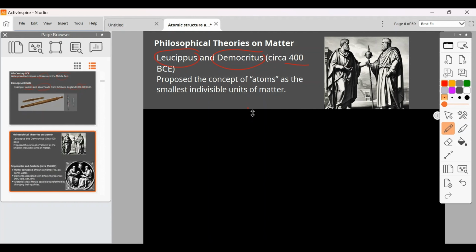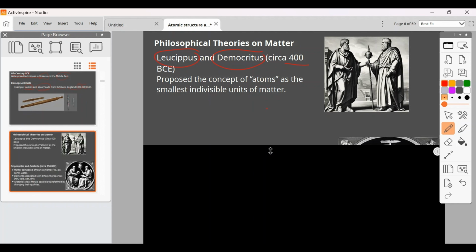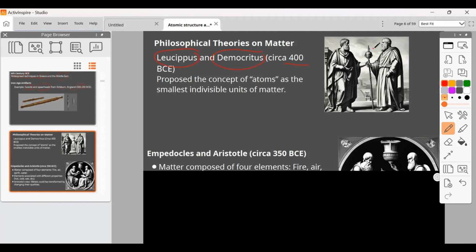The Greeks were discussing that if we study the building blocks of everything in this world, we will reach very small particles. We call them atomos in Greek, and they are indivisible. The picture shows Leucippus and Democritus from 400 BCE.